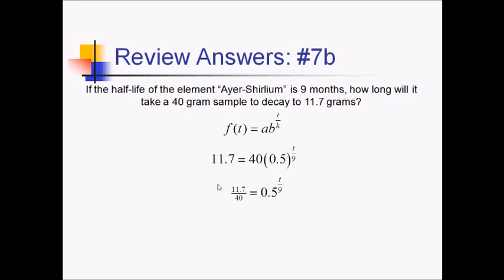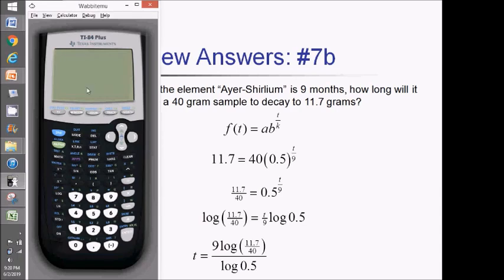So that's going to be log of 11.7 over 40 equals, now using the pop-out rule, t over 9 log of 0.5. Now I just have to isolate t. So to do that, I multiply by 9 and divide by log of 0.5. So t is going to be 9 times the log of 11.7 over 40, all of that divided by log of 0.5. Let me do that on the calculator now.